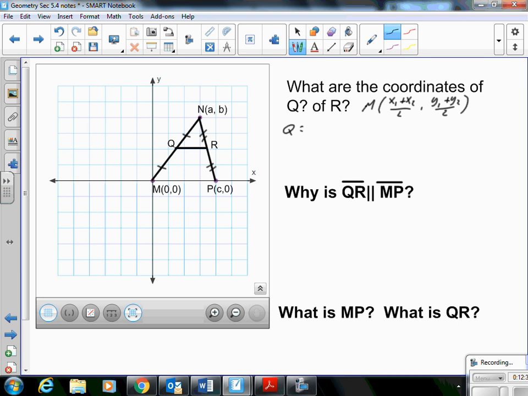So a plus 0 over 2. And for the y's, it's b and 0. So b plus 0 divided by 2. The zeros can basically disappear. And that leaves us a over 2, b over 2.